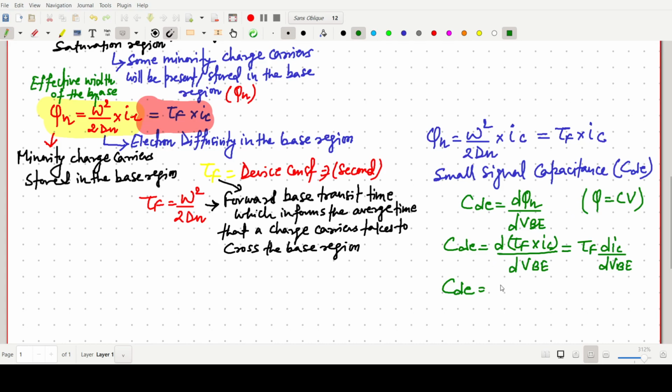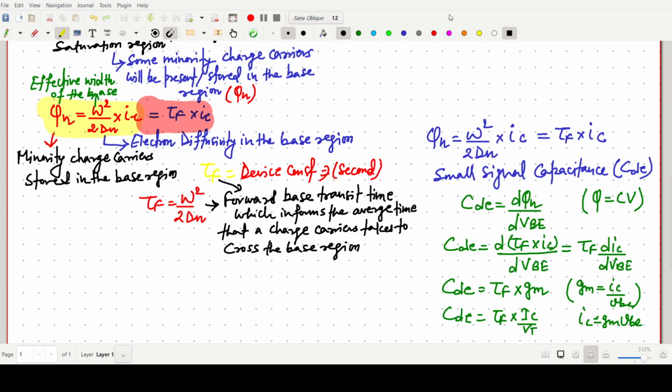So this CDE we can write as tau f into GM, because GM is nothing but simply IC by VBE. We have already IC equals to GM VBE. We have already discussed in our earlier video. So we can write this as tau f into GM, or we can also write this as tau f into IC by VT.